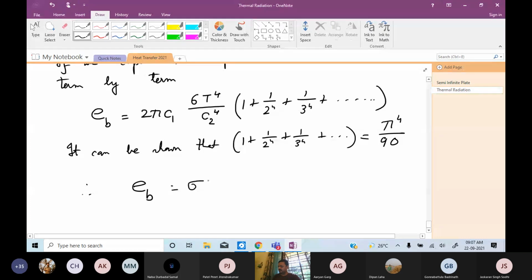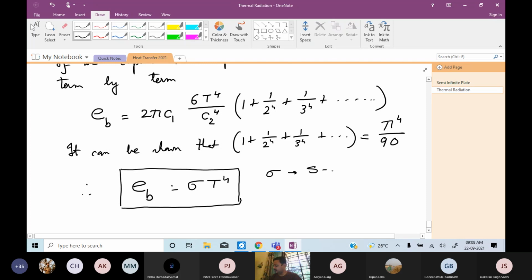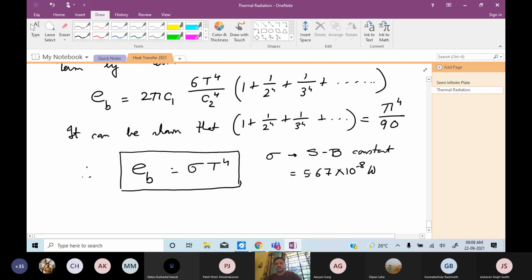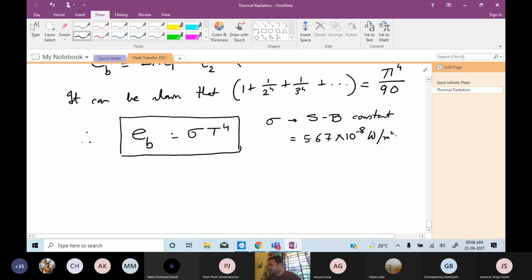That bunch of constants I'm talking about is our good friend sigma, which you know already, called the Stefan-Boltzmann constant or SB constant, and it has a value of 5.67 times 10 to the power minus 8 watts per meter squared Kelvin to the power 4.